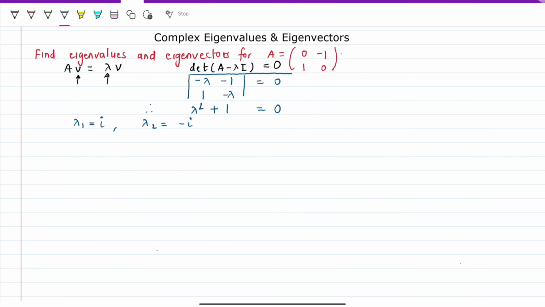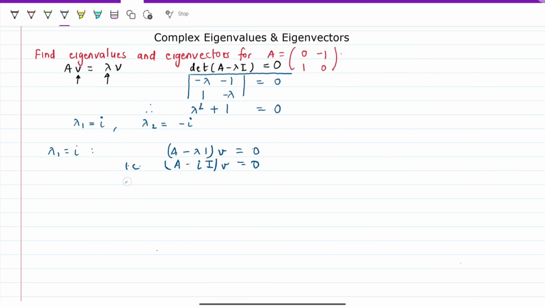Now we will be finding the eigenvectors corresponding to both lambda 1 and lambda 2. Consider lambda 1 equal to i. We begin by solving the equation A minus lambda I times V is equal to 0. Here we are going to plug in lambda 1 as i. So we get A minus i I times V is equal to 0.